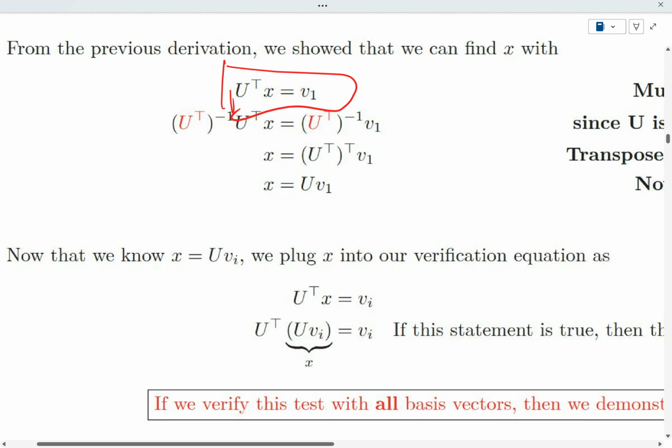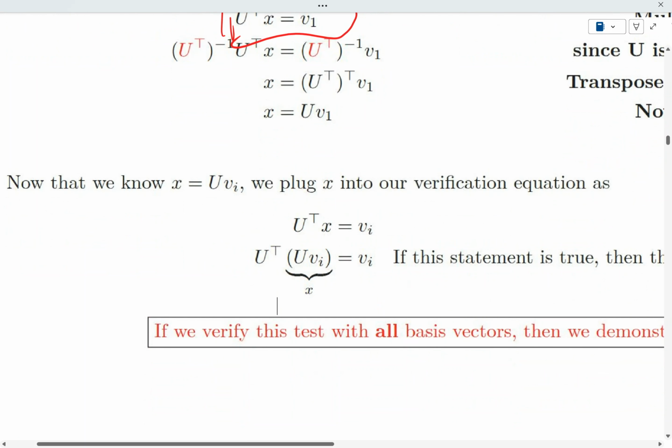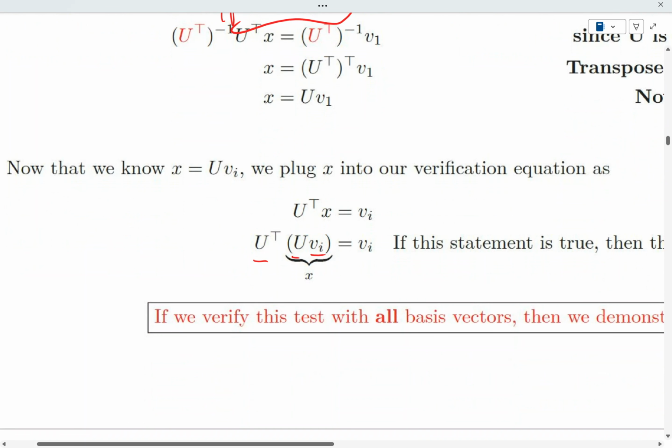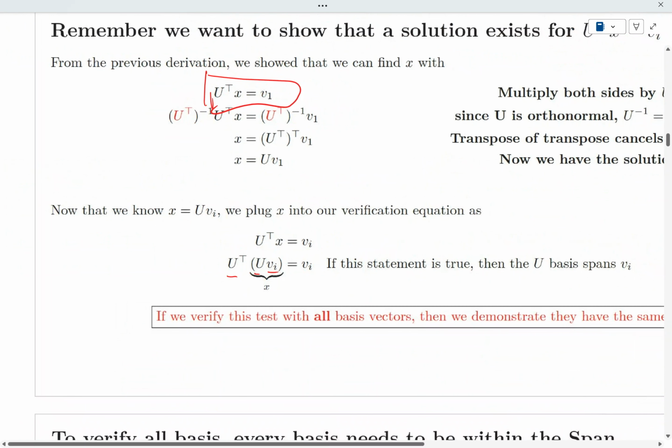And therefore, over here, it gives us U U transpose times v1. So if we verify that this statement is true, then it means that v1 indeed is spanned by U.